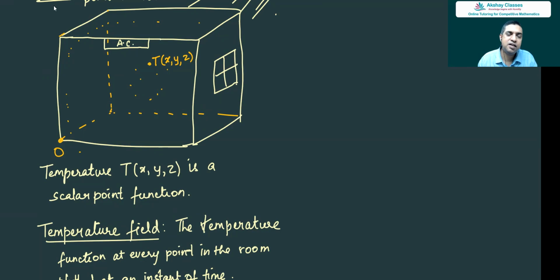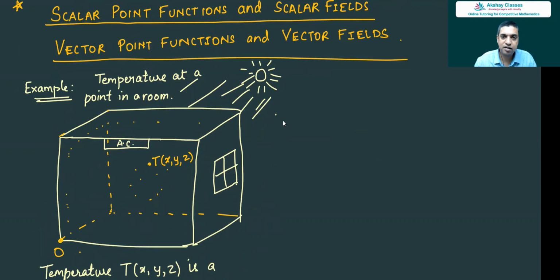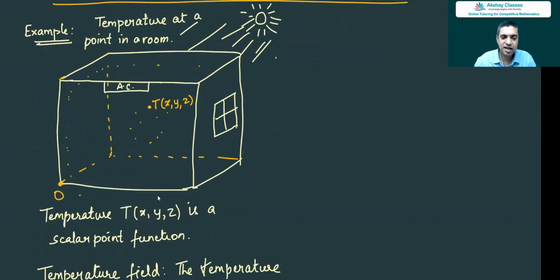That means if x, y, z all are dependent on t, then it also changes. Now, this is an example of a temperature function, but it can be many other things. Tomorrow, when we begin, I will start with vector point functions and vector fields. So this is the concept of scalar point function and scalar field.